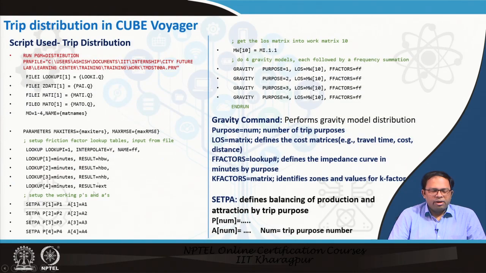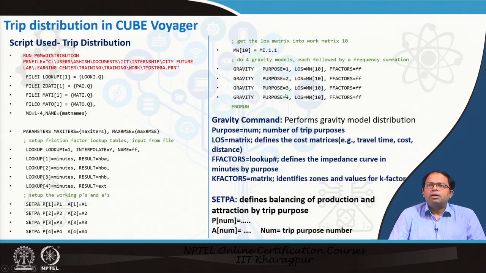When we run the model, if you open the script, you will see a script something like that, with some variations maybe. If you see the script starting over here, this is the actual model that is being run. We see it is a gravity model. The gravity command performs gravity model distribution, and purpose is the number of trip purposes. We have 4 purposes.